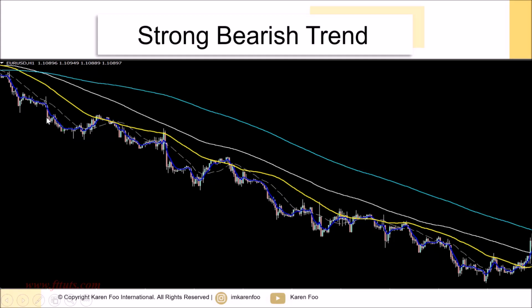And you can see in this case, price tested 50 over here, over here, over here, over here. In fact, it didn't really test 100, only way at the end. So the thing is, in a bearish trend, you want the three indicators to be sloping downwards. If you start to see a crossover or a change in slope, then be prepared to get out.